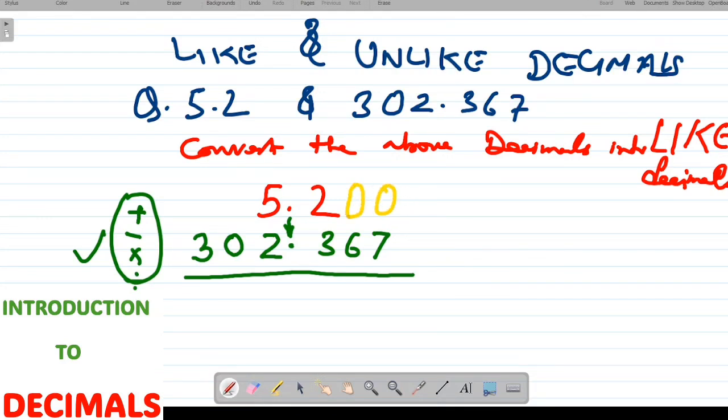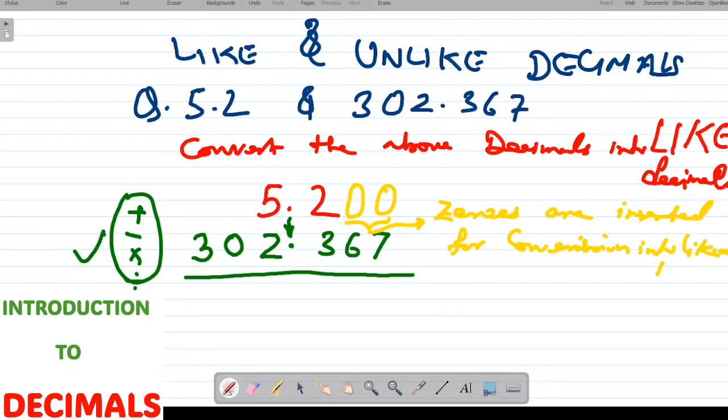These zeros are inserted for conversion into like decimals.